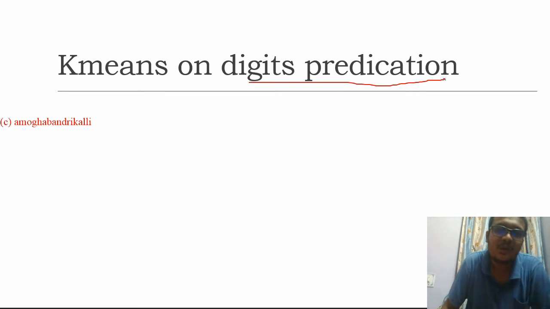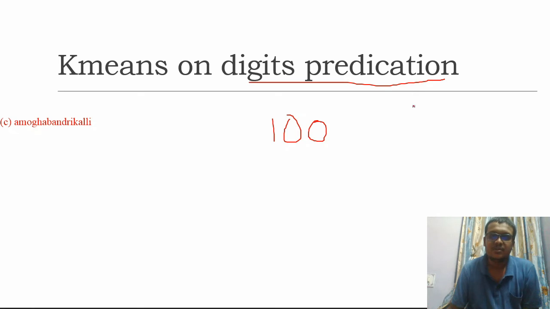We have one real-time example here, predicting digits. We have 10 numbers to identify. If you write any of the numbers, the basic version is that the machine needs to understand the number starting from 0, 1, 2, 3 to 9.